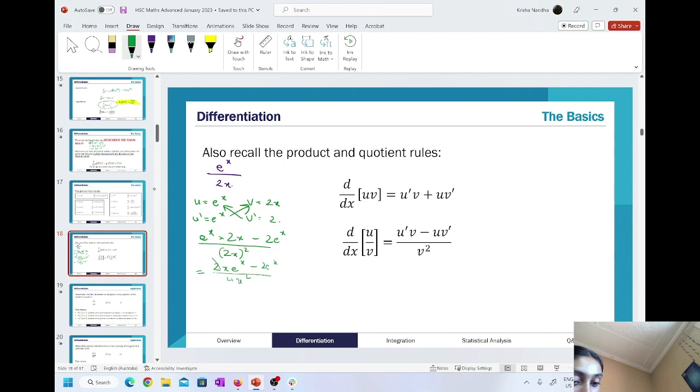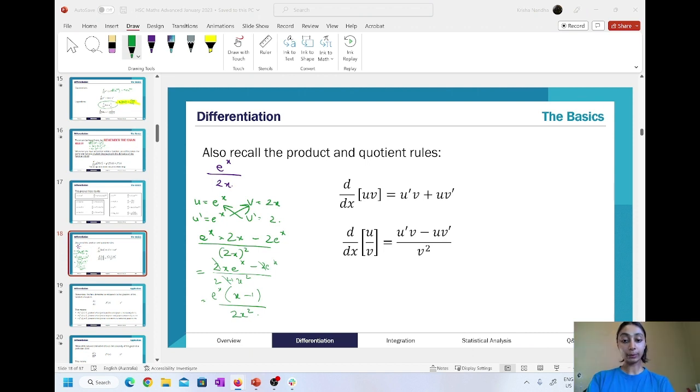We'll take out a common factor of 2 and we get e to the x times (x minus 1) on 2x squared. Okay. That is how we use the quotient rule. I'm going to assume that everyone knows how to do this because most people have done differential calculus and you did it in year 11 as well.